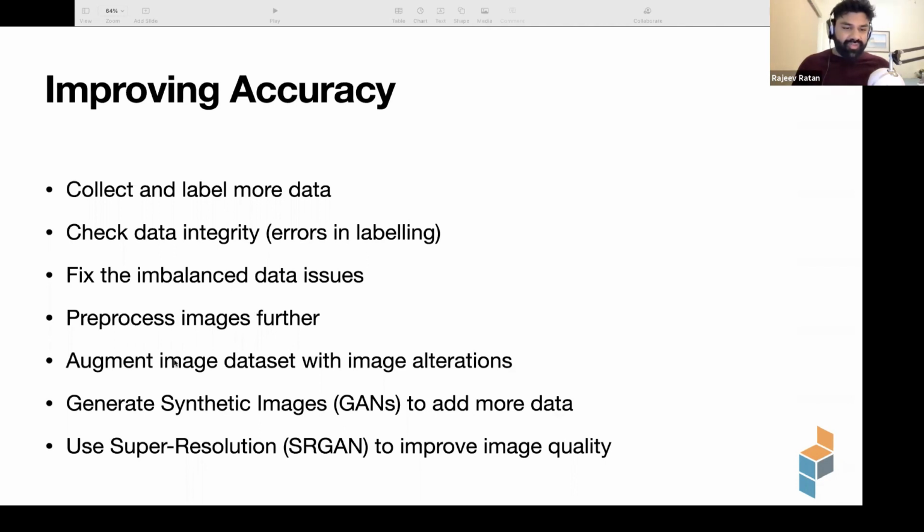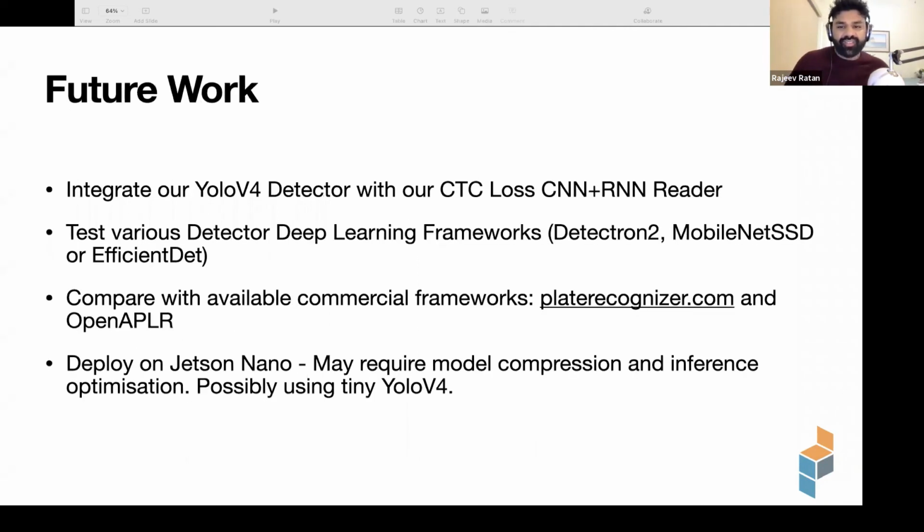We can also augment the image data set with some image alterations, like introduce some noise, some skew into the data set. We can even use GANs to generate more images too, or perhaps use SRGAN, which would be computationally expensive though, but we can do that to improve the image quality before feeding it in to our CTC OCR reader.